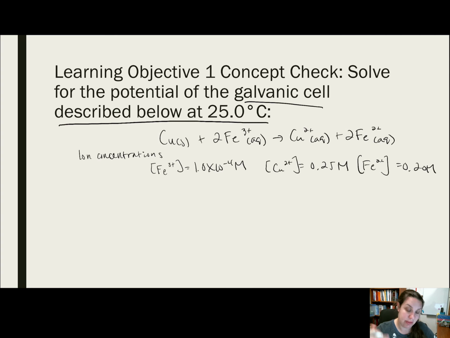Okay, so the first thing we need to do is we need to solve for our standard cell potential. So we take and divide this into half reactions.